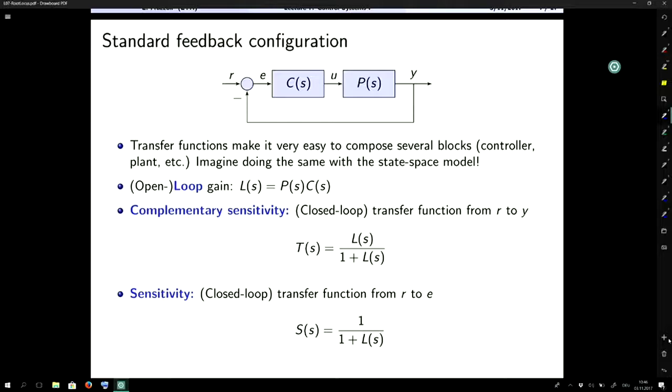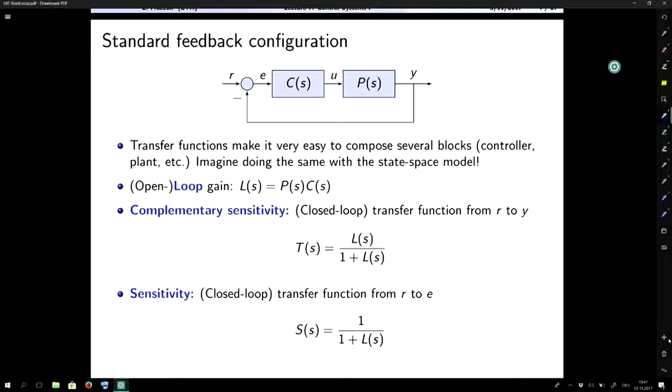So, nomenclature. Imagine that you cut the feedback loop, so you just cut the return path. Then what you will have is just a series of two blocks going from R to Y. That is what is called the forward path.